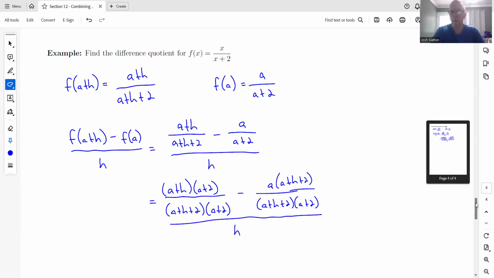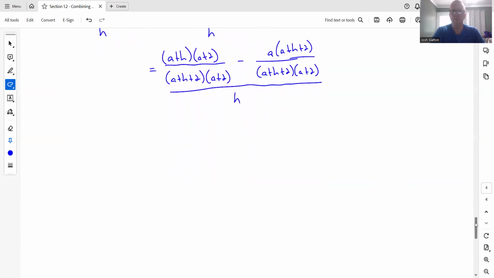So now let's see where we can simplify this. So let's FOIL out our numerators. So a plus h times a plus 2 gives us a squared plus 2a plus ah plus 2h. We'll distribute the a through there, so we have minus a squared minus ah minus 2a.